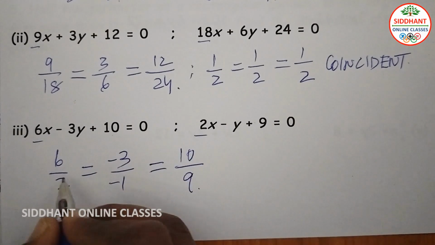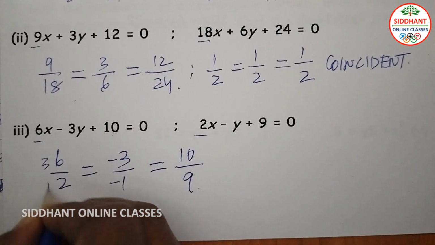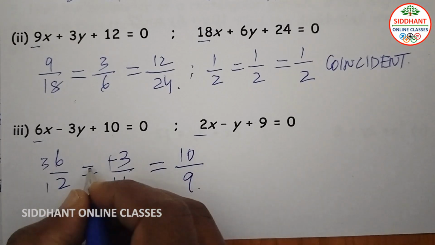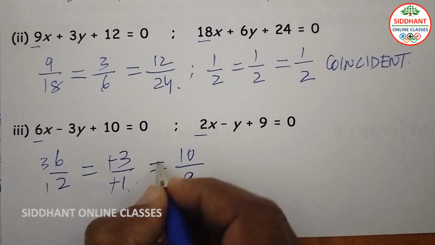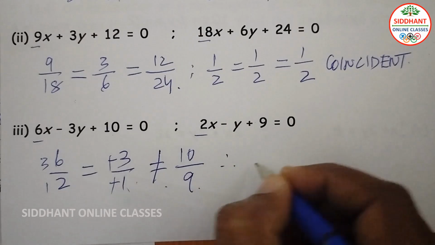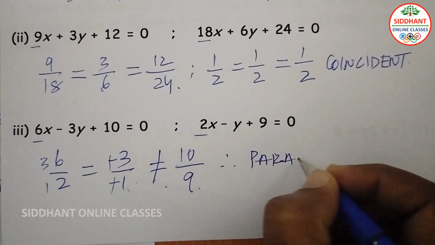Now a1 by a2, which is 3 by 1, is equal to b1 by b2, and b1 by b2 is not equal to c1 by c2. So in this condition, we can say the two lines are parallel to each other.